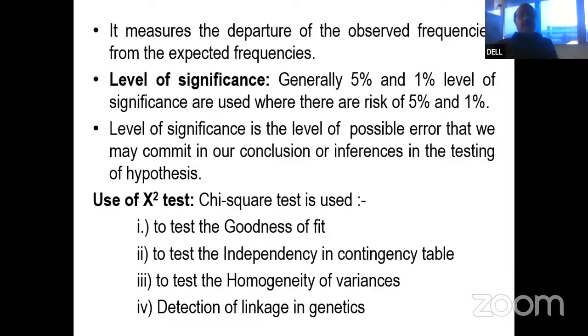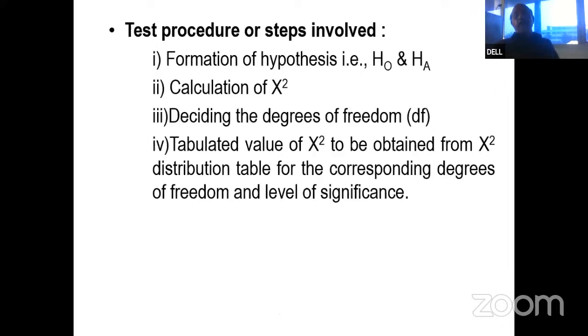The uses of chi-square are goodness of fit, test of independence, contingency, homogeneity, all are equal, and detection of linkage in genetics. So in life sciences, the chi-square test is very often used. This is the procedure.